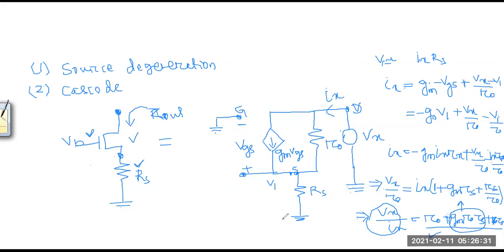Next, how to increase the output impedance? This is one method, and the second method I will apply in the current mirror. But first know this thing, then we'll go. So again, I will discuss for cascode also. In cascode, how to increase the output impedance?